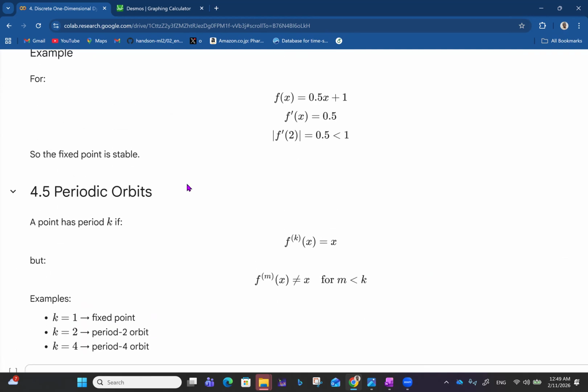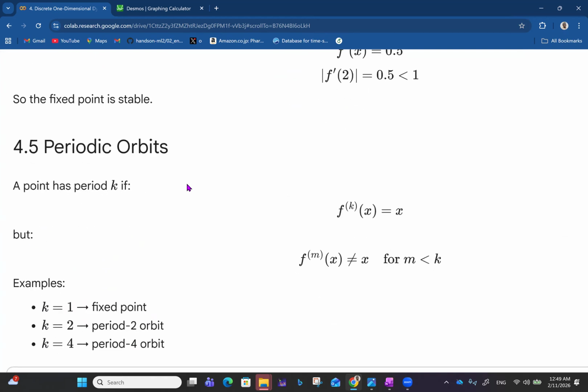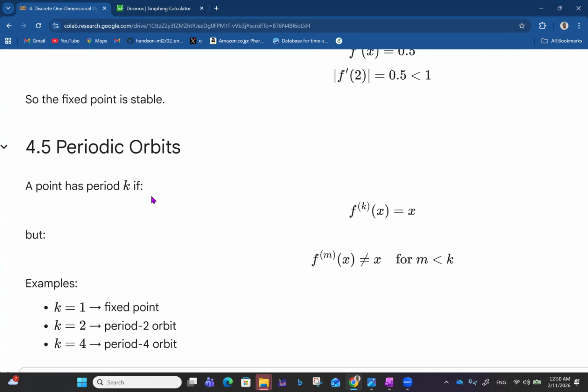Now, let's look at periodic orbits. A point has period k if the kth iterate of f of x is equal to x, then you say it has period k. But the mth iterate of x is not equal to x for any m that is less than k, okay?